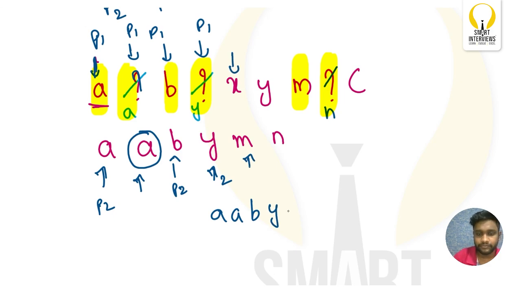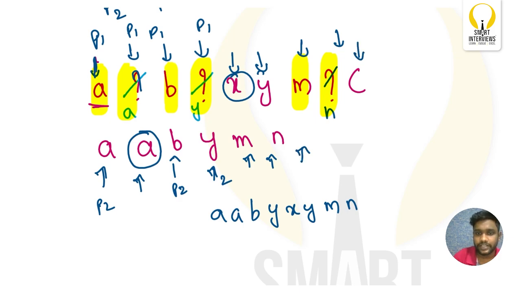We have M, X. So since these two are not matching, we can just print X, will not print M. Next we have y, print y. Next we have m, print m. So m and m are matched, so move pointers. Then we have a question mark, so what we can do is simply print n. We can move forward.